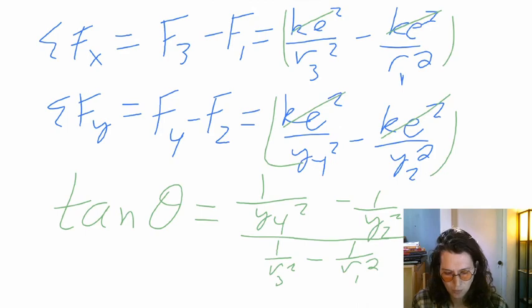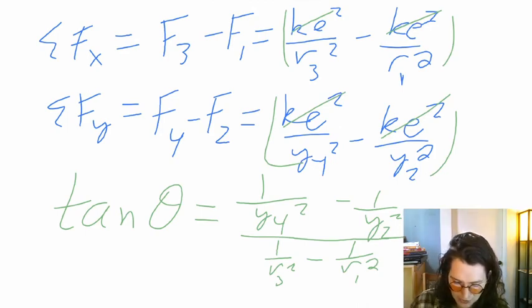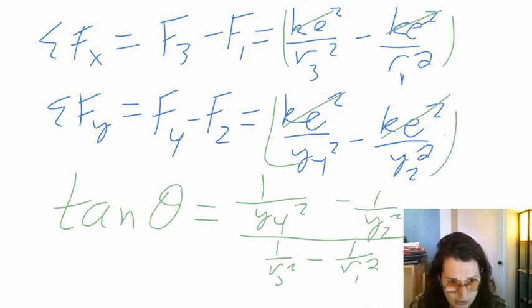Okay, so we just have y over x here. When we do y over x, we do this one over this one, and we can cancel out the KE squareds. So now we just have a matter of the locations of the particles and relating it back to a theta.